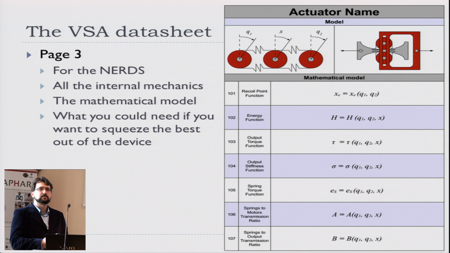If you estimate it online, and you have a variation in the system because, for example, the springs change because of heat or because of use, you're still doing it online, so you follow the estimation. But doing it with an estimator is not easy, because essentially, since stiffness is a differential quantity, you have to relate the variation of position with the variation of torque, and when you don't have a variation of the two quantities, you are blind.